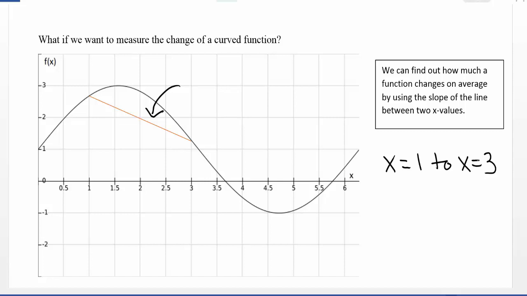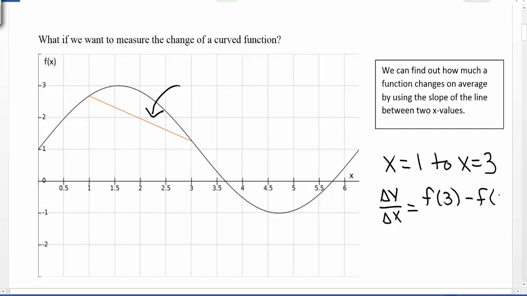I also want to remind you that one of the ways that we can represent the y value is to talk about f of the x value. So in this case, the way that I'm going to write the change in y over change in x is using functional notation. I'm going to notate this as f of 3 minus f of 1 divided by 3 minus 1.